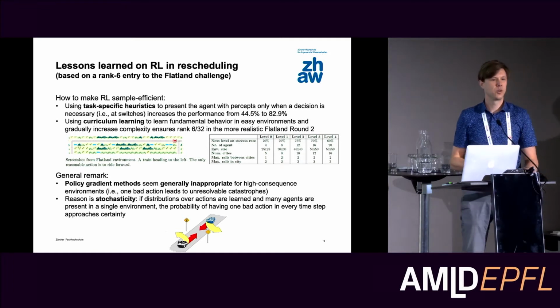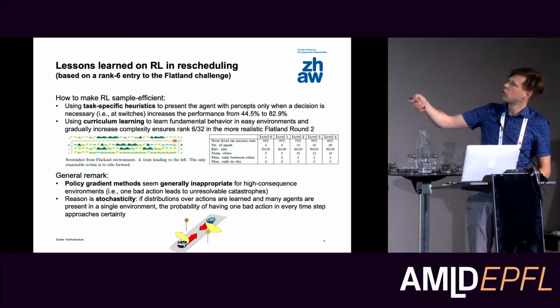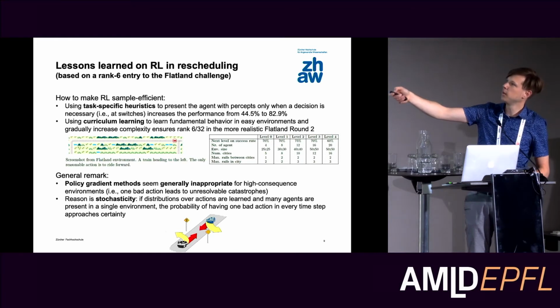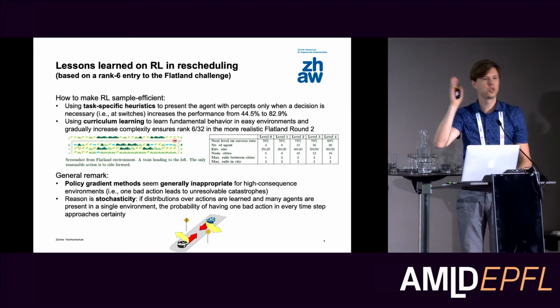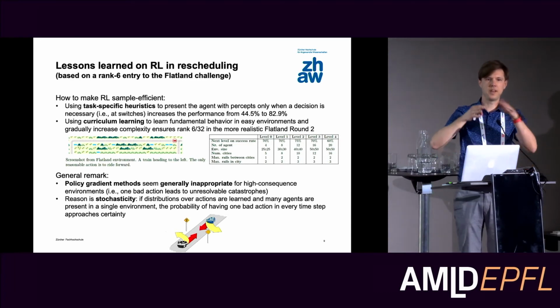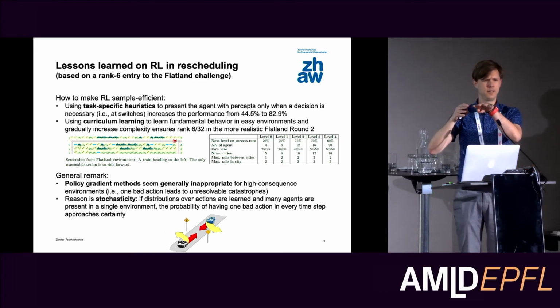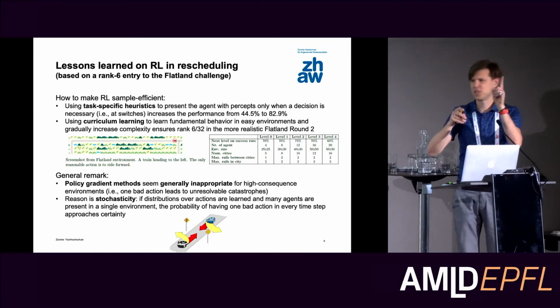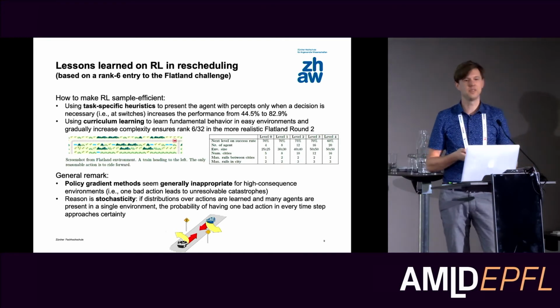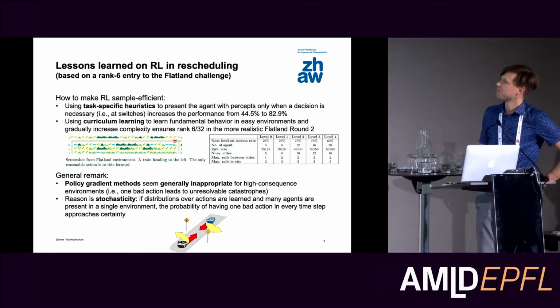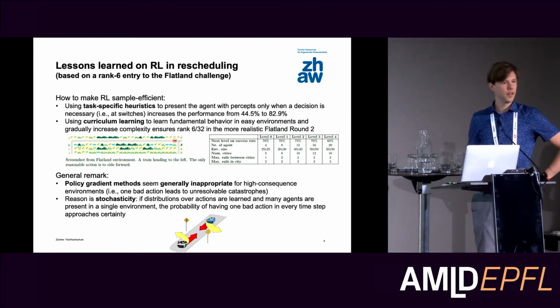So what we did is we incorporated task-specific heuristics, namely, when the track is just straight, there's nothing to do, just go straight until you hit the next, what is a Weiche? A switch, thank you. Until you hit a switch, and then you can issue the next decision. And that worked pretty well.